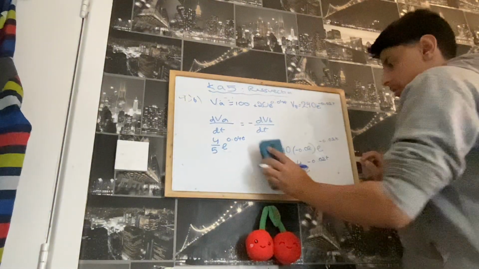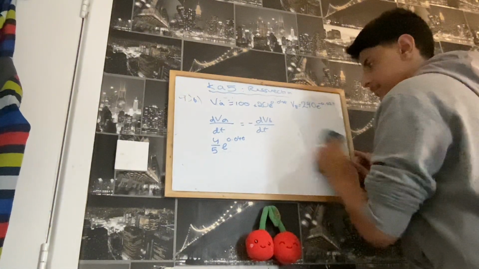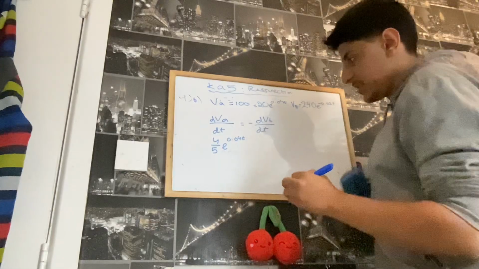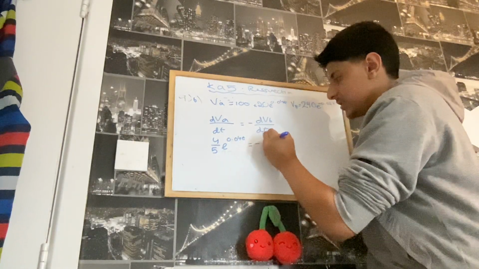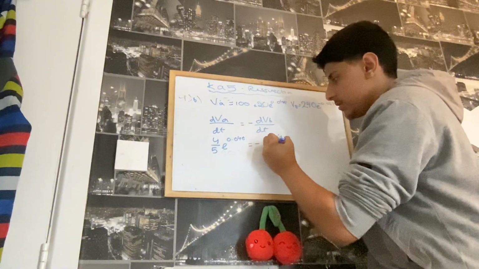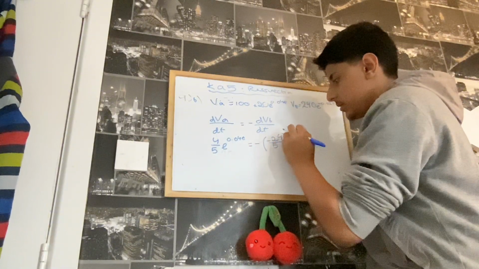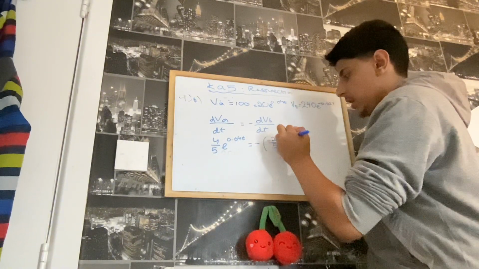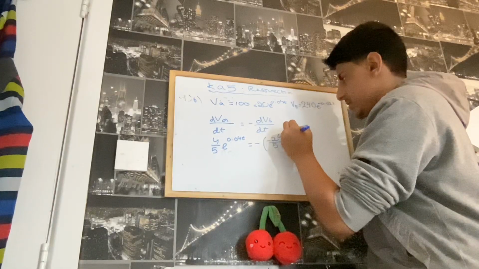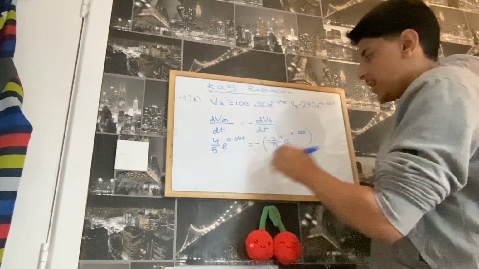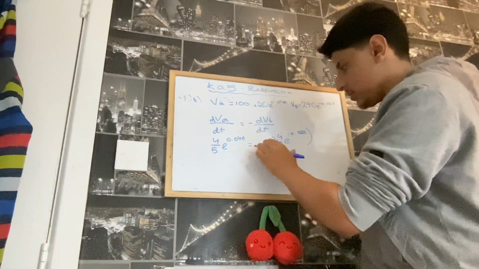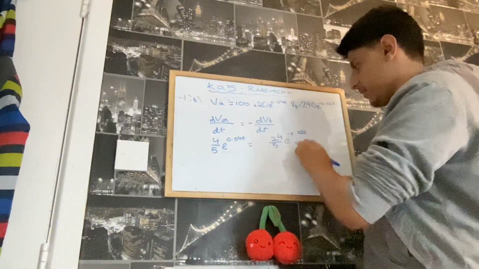So this is our value for metal B, so minus 24/5 e to the power of minus 0.02t. A minus times a minus gives us a positive, so we're left with this.